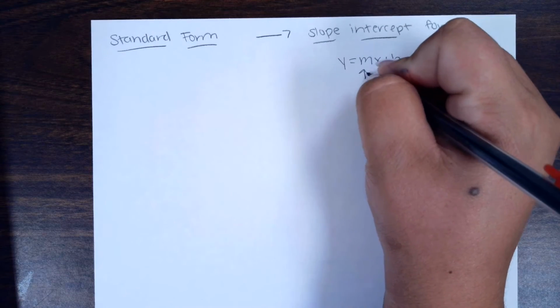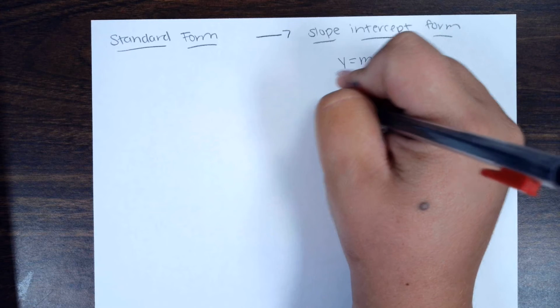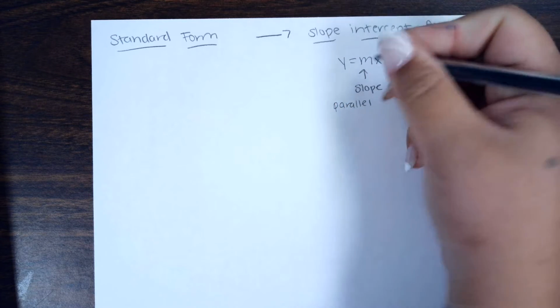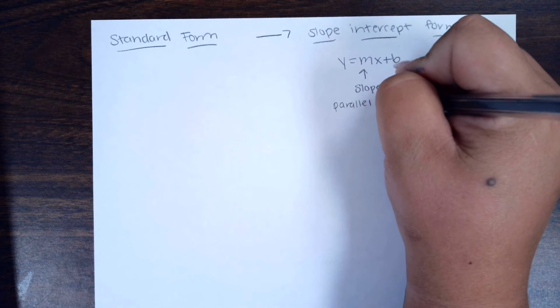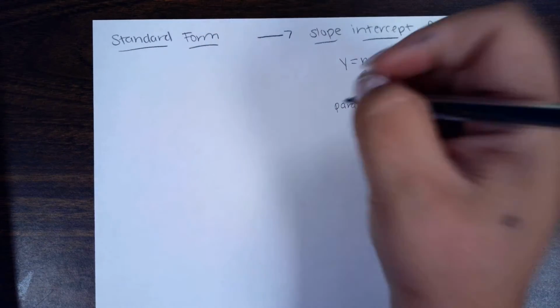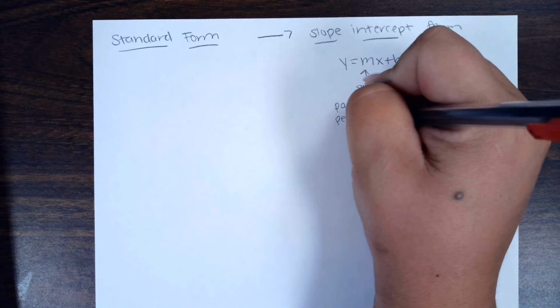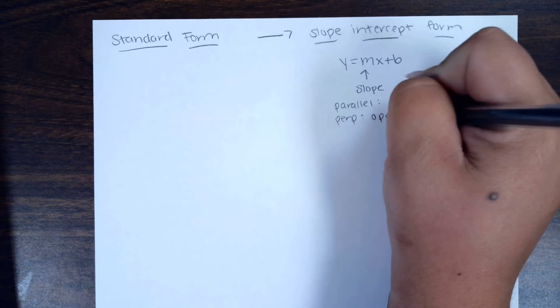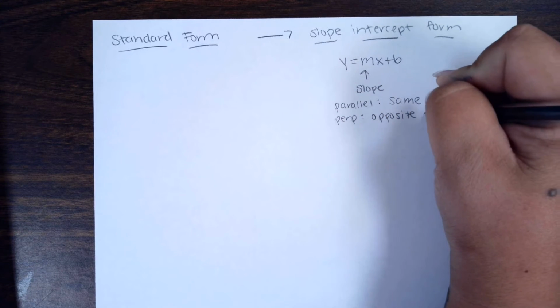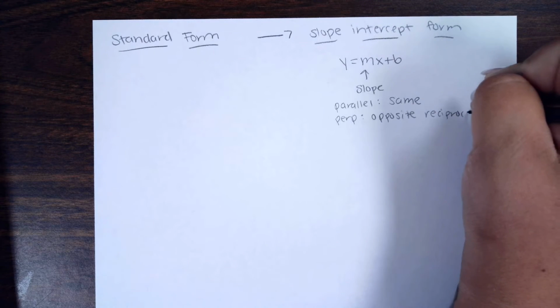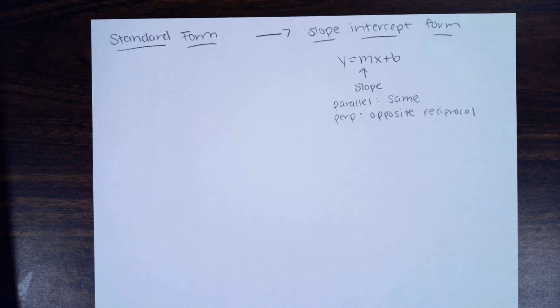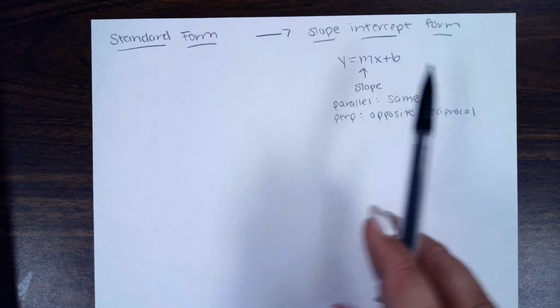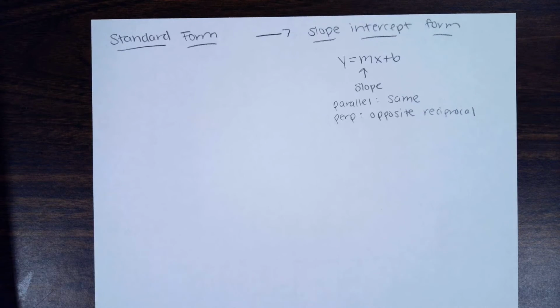And then from there we could grab the slope and find the parallel slope, which is the exact same, and the perpendicular slope, which was that opposite reciprocal. So today we're going to talk about what we do when we're given the equation of a line that's not in slope-intercept form, that's in standard form.